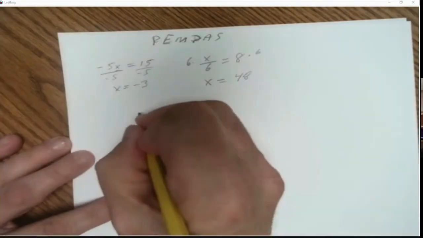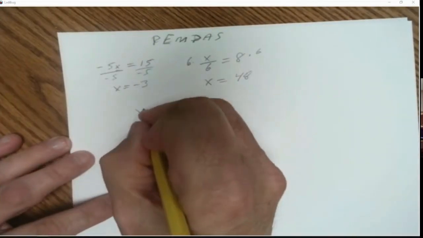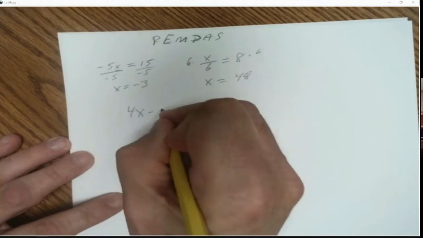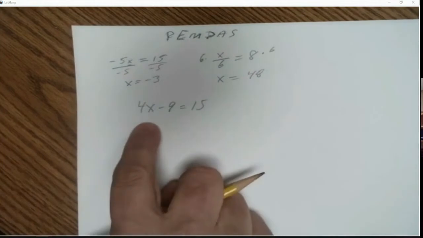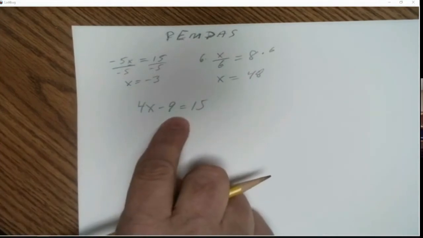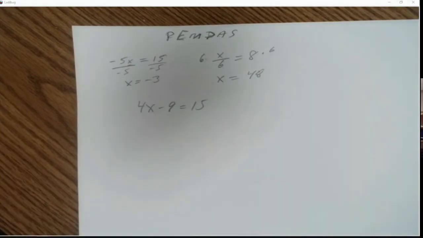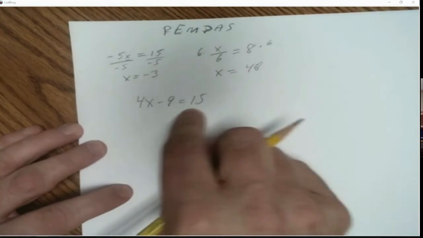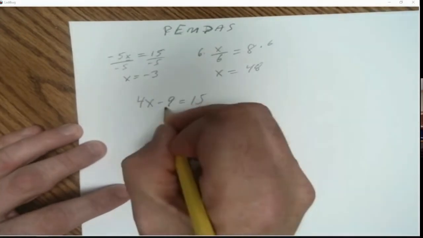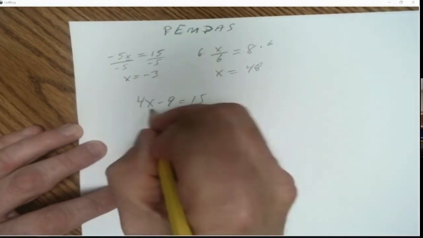We're getting to two-step equations, which is like 4x minus 9 equals 15. This should be no new information for you, because we're back in Algebra 1, really. First thing we're going to do is move anything that does not have an x.